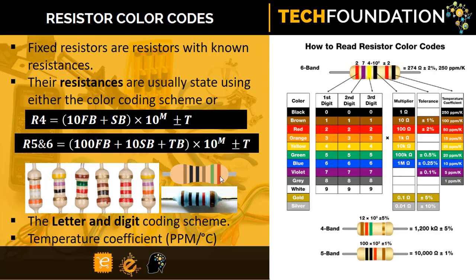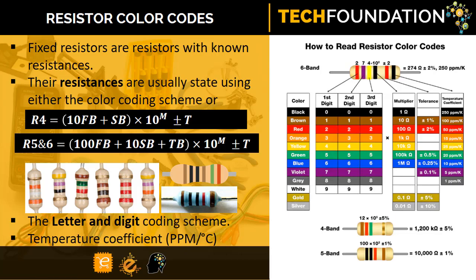Okay, temperature coefficient of resistance specifies the maximum change in resistance with change in temperature, and it is measured in parts per million per degree Celsius, which is ppm per degree Celsius. So that is the unit for temperature coefficient of resistance.